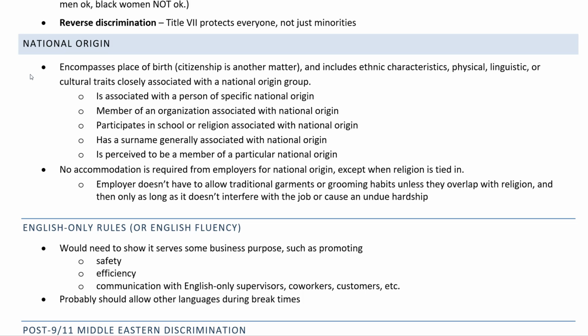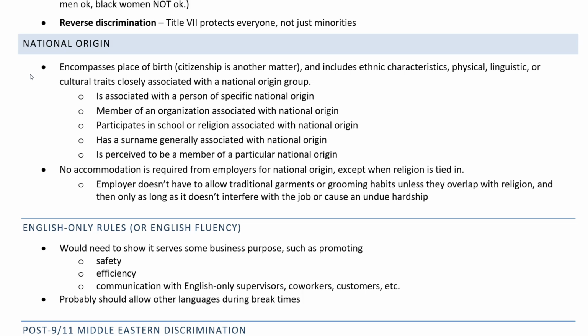If they participate in school or religion associated with a national origin, if they have a surname, that just means last name, generally associated with a national origin, if they are perceived to be a member of a particular national origin. A lot of that sounds familiar or similar to what we talked about under race, and it's because they're closely tied.